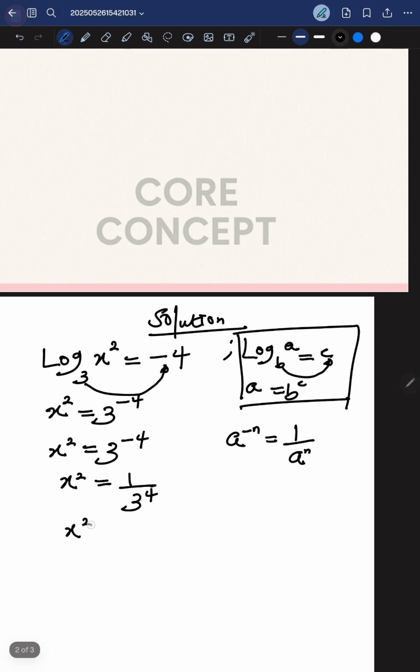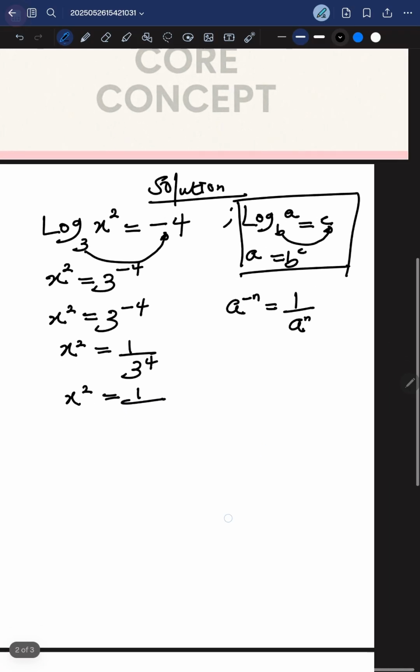So that is x squared equal to 1 divided by 3 raised to the power of 4, which is 81. So x squared is equal to 1 over 81. Now whenever you have a square on one side, when you want to take it to the other side, it becomes the square root.